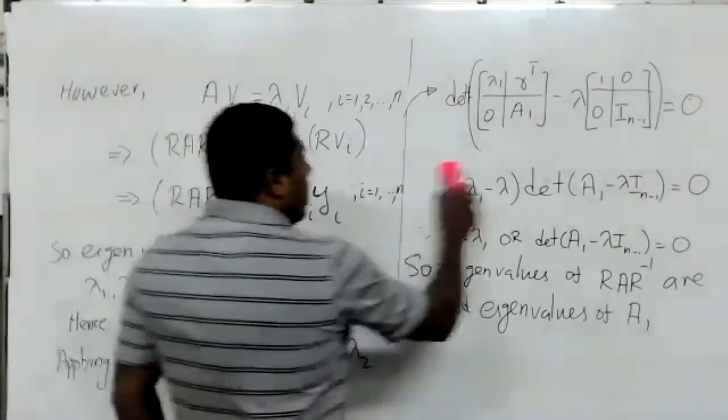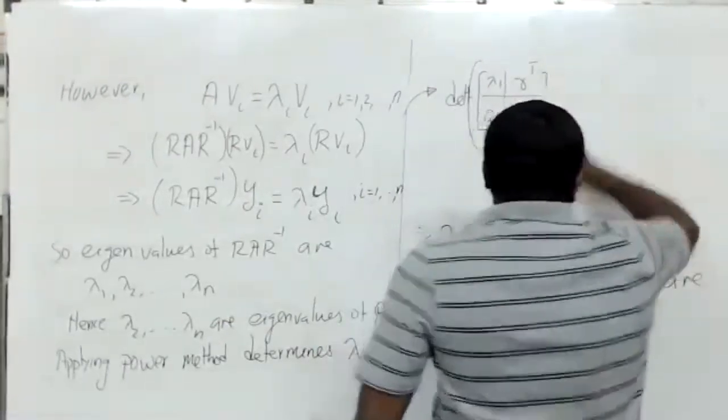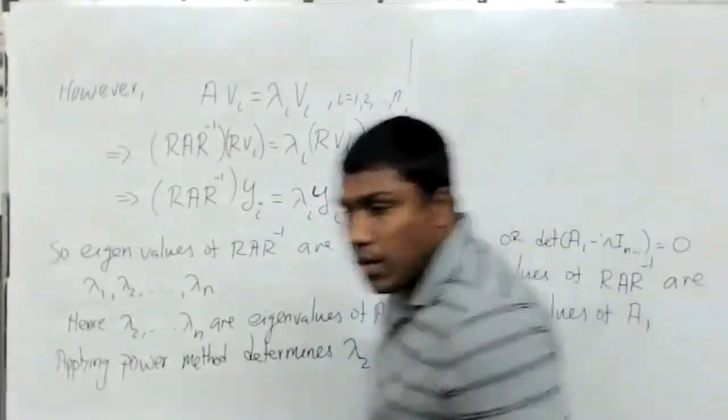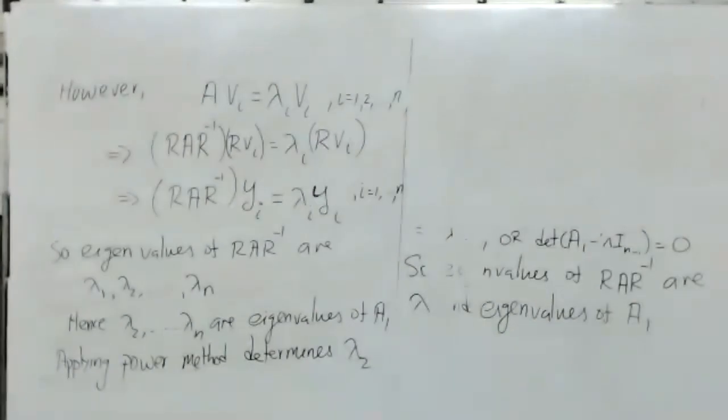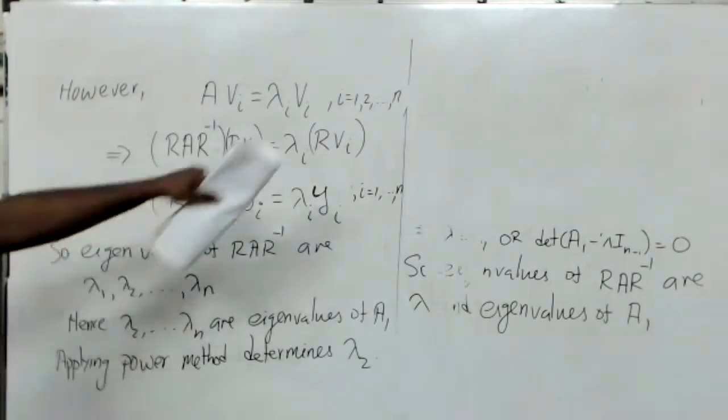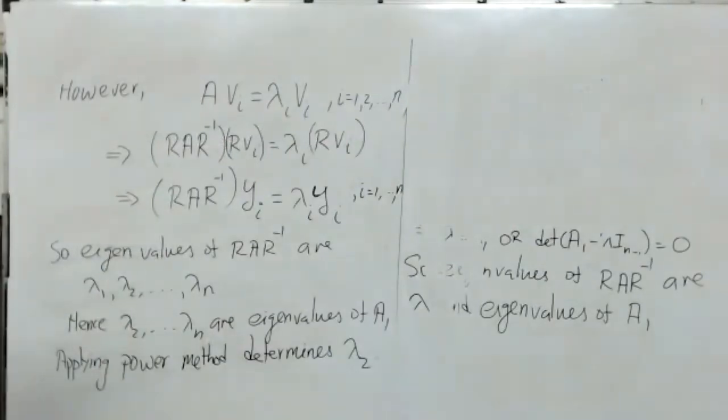So let's do an example of how we can do this deflation process, and then we will see a little more about this again. Sir, it's not clear. Can you say that, however, A Vi or A V1? A Vi is equal to lambda i times Vi, and that i is for 1, 2 up to n.